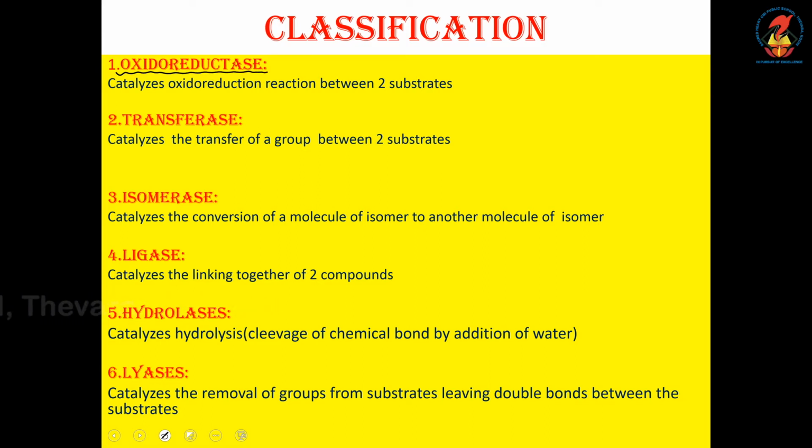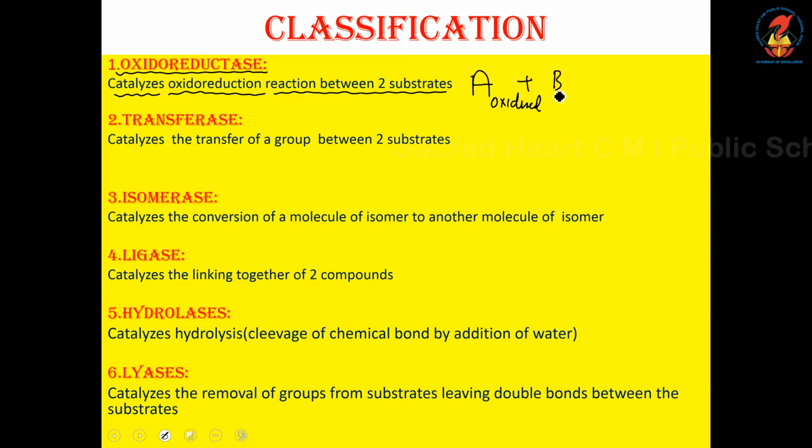The role of oxidoreductase: they catalyze oxidoreduction reactions between two substrates, and it is represented mnemonically or symbolically by this: A oxidized plus B reduced are the two substrates, which becomes A reduced plus B oxidized.